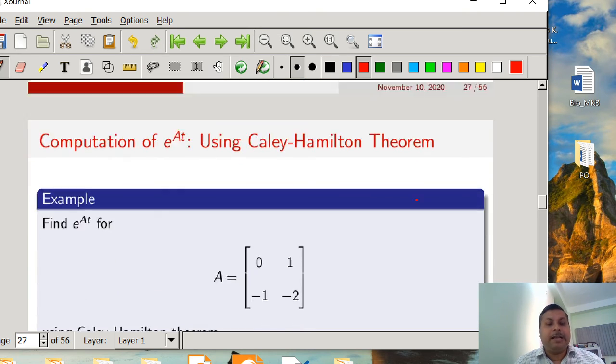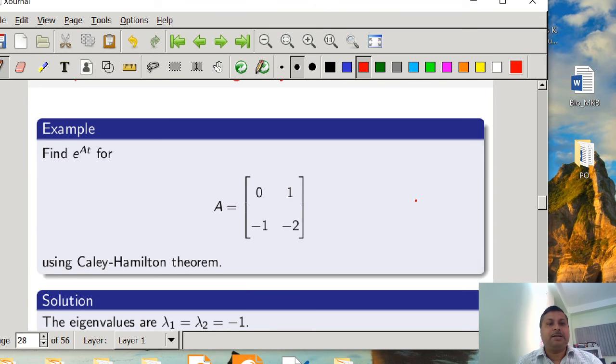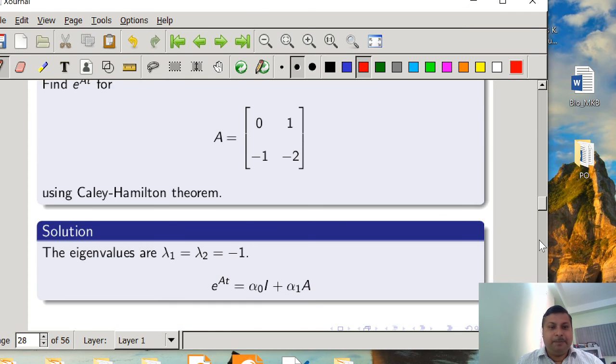Suppose another example I have taken, which will be the last example for today's discussion: find e to the power At for A equal to [0 1; minus 1 minus 2]. The most important thing here is that for this example we have repeated eigenvalues, lambda 1 and lambda 2 equal to minus 1, and it is a 2 by 2 matrix.